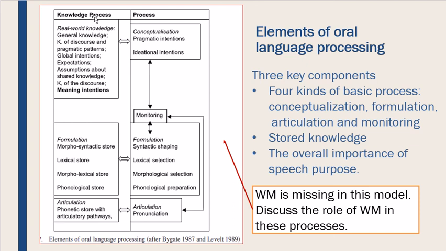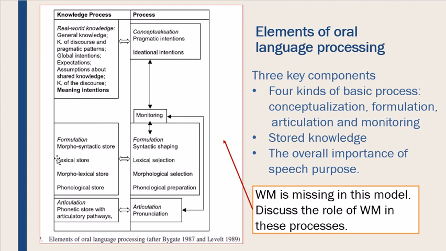So, for knowledge, we can consider the real-world knowledge, like general knowledge, knowledge of discourse, and pragmatic patterns, global intentions, expectations, assumptions about shared knowledge and knowledge of discourse, and also meaning intentions, because what we mean to say actually helps us to use different types of knowledge that we have already stored.